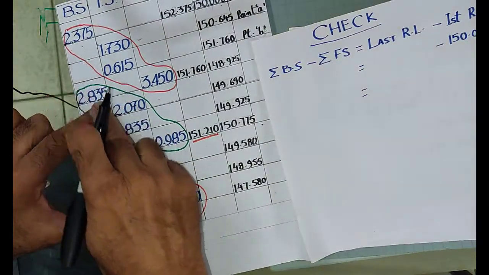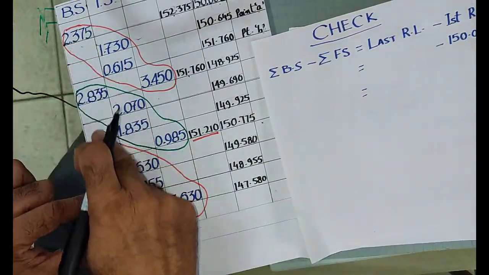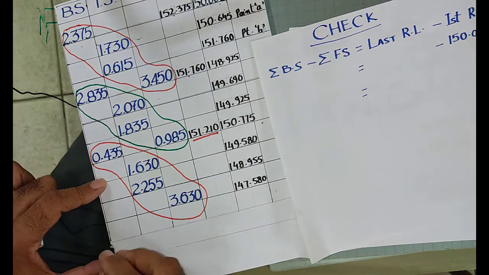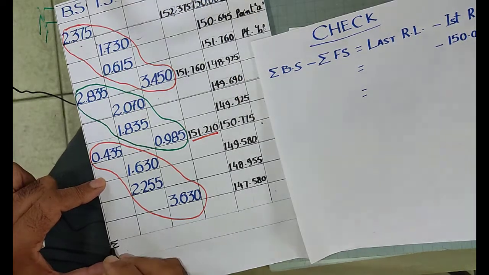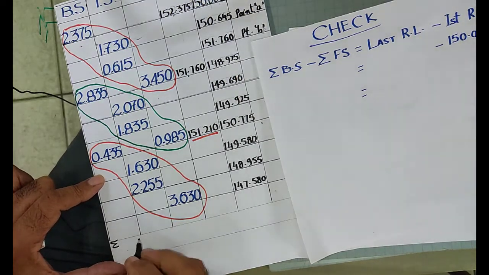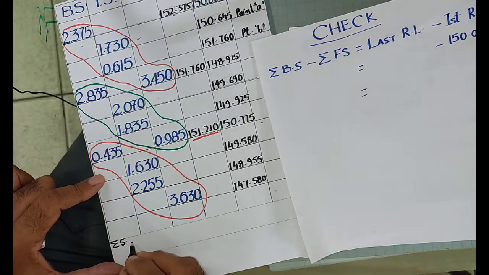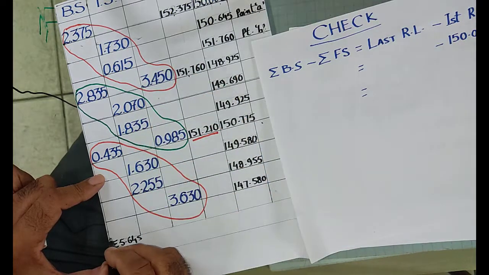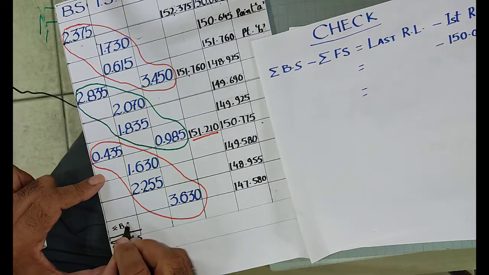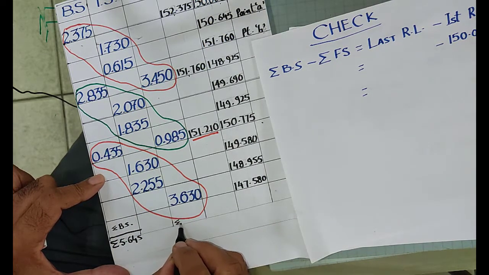So sum of backsights, you add these values. I can write over here, sum of backsights. This comes to be 5.645, and this is the sigma foresight.